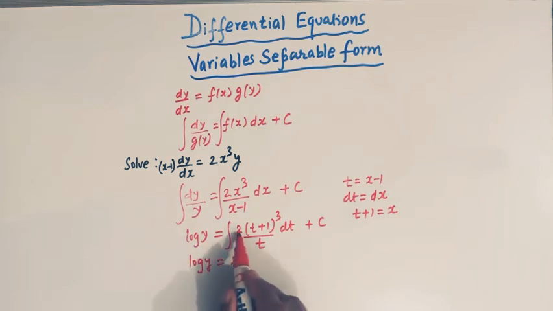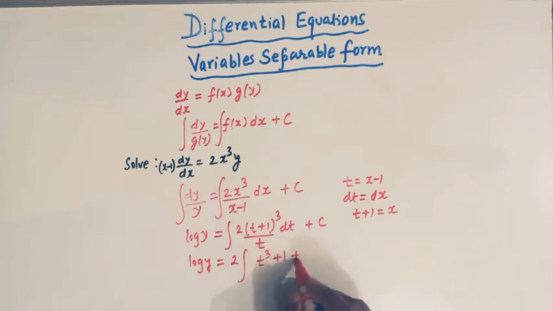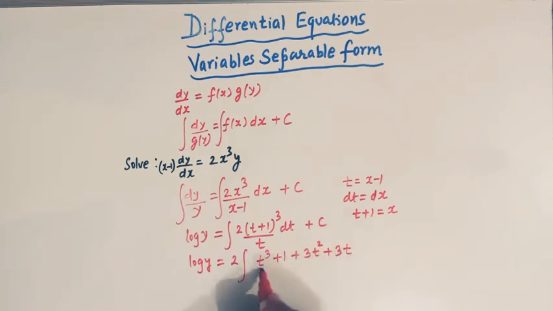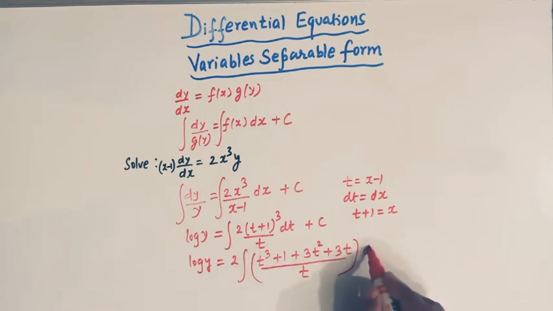Now taking 2 out of the integral, here we have 2, and (t + 1) cube can be written as (t cube + 1 + 3t square + 3t) divided by t, right? And here we have dt plus c.